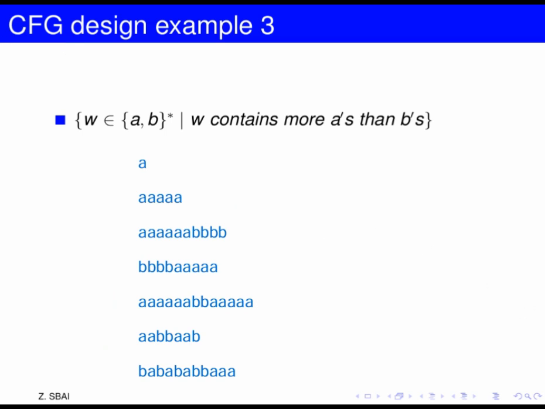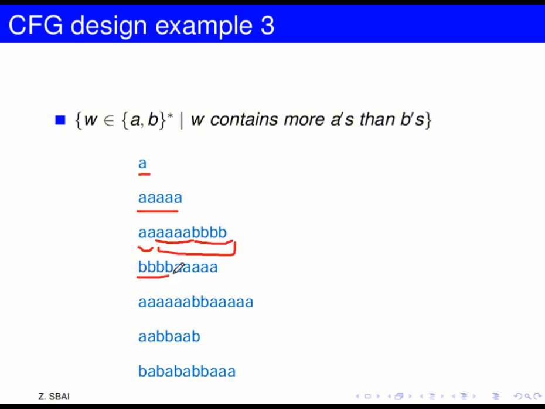As you may see here in the examples, every string is either a list of A's, one or more A's, or there is a part with a balanced number of A's and B's, and another part which contains only A's. Okay, each string can be seen this way.